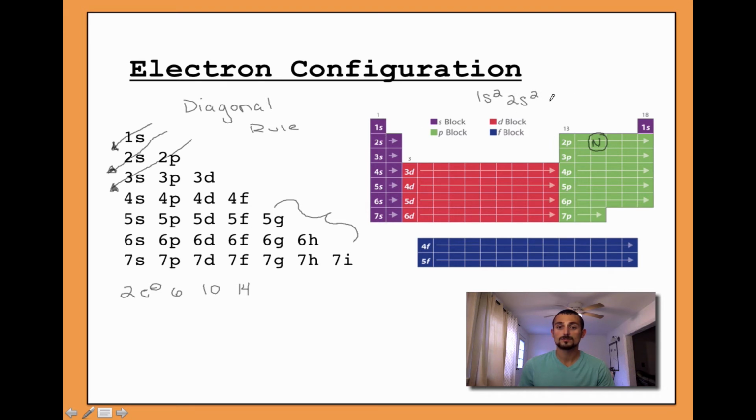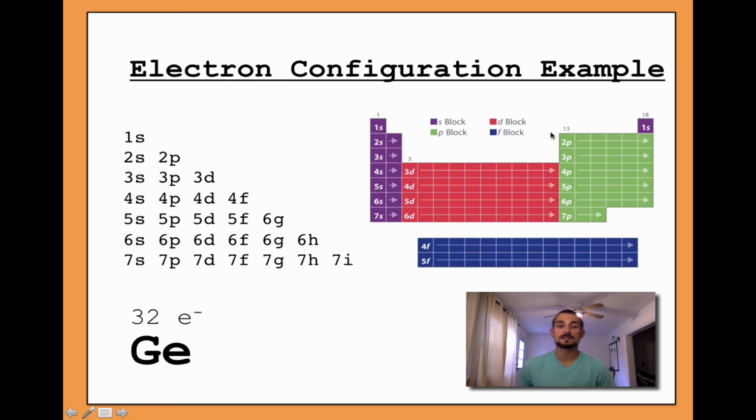We know that holds 2 electrons, and the arrow tells me to move all the way to the right, and I drop off my remaining 3 electrons in the P sublevel. So I count over 1, 2, 3, and that's how I get my total number up here. So nitrogen has 7 electrons in it. Adding these up should reflect my total electrons in my atom.